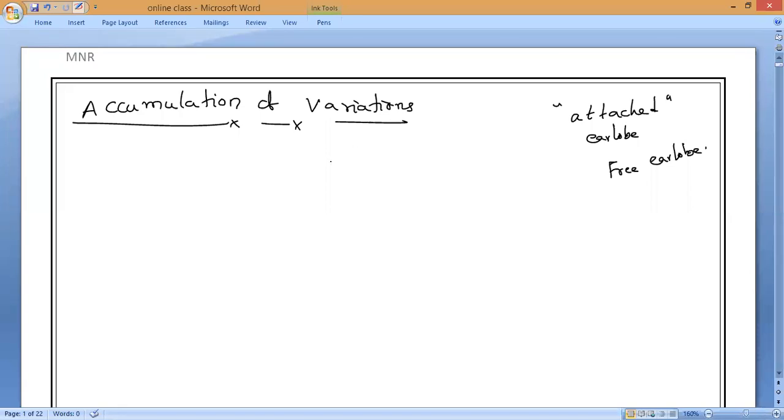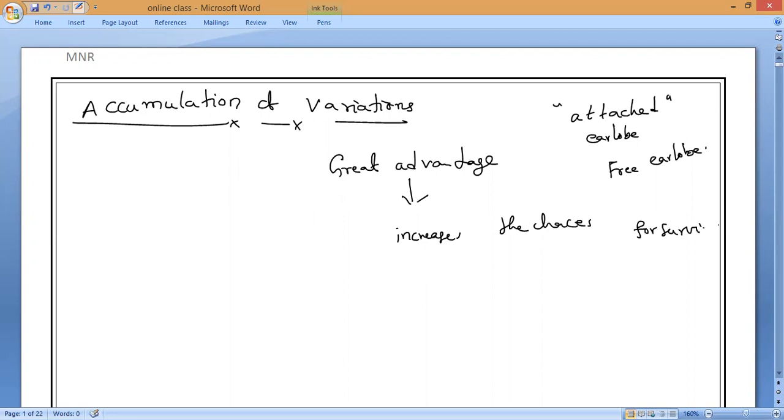So that is why variations give a great advantage to a species. Because of the accumulation of variations, the chances for survival of the organism increase.